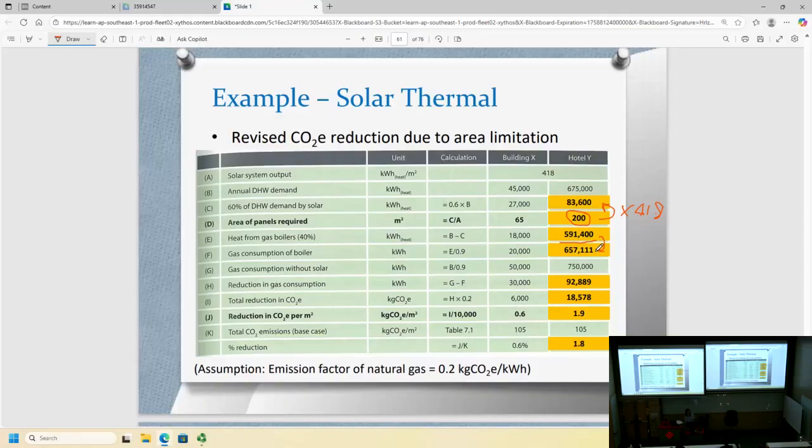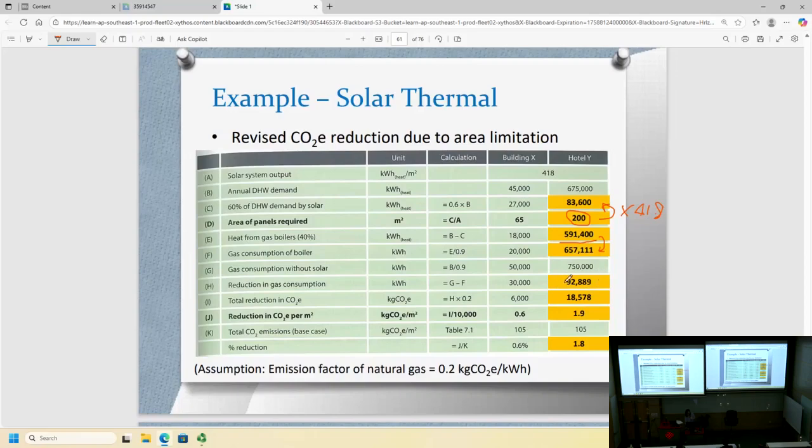And then this is the original, without any renewable energy. So this minus the, G minus F, we have the reduction in the gas consumption.